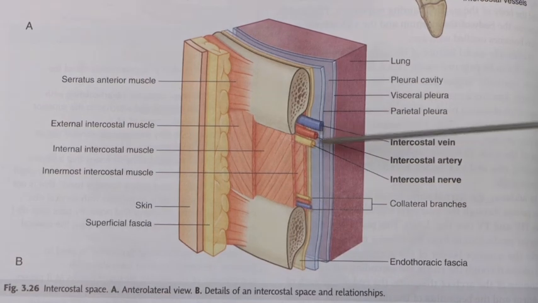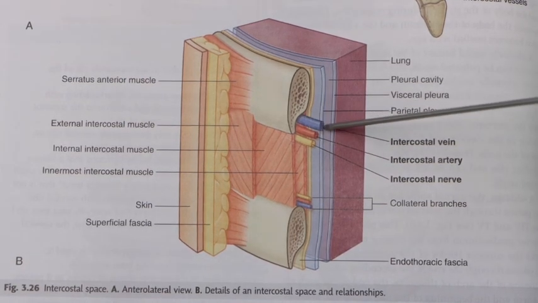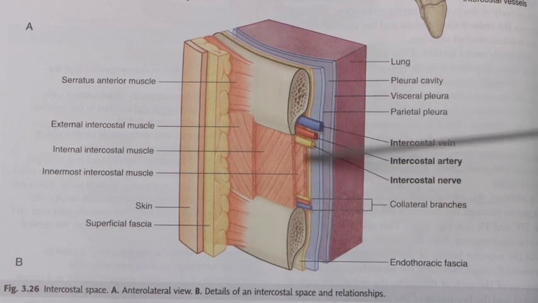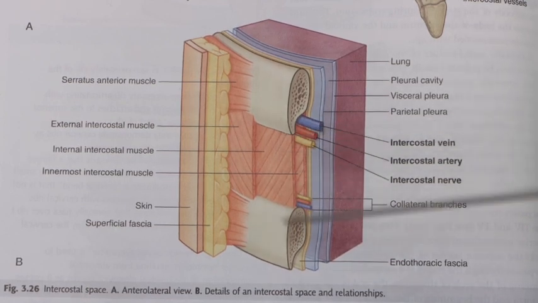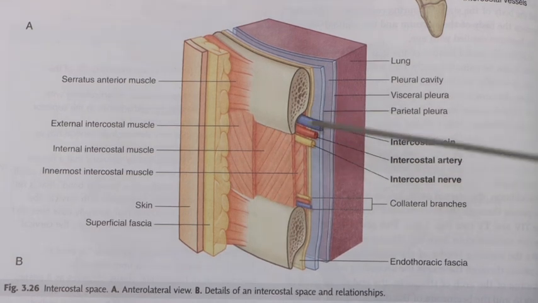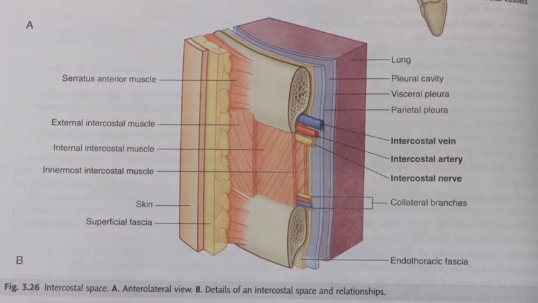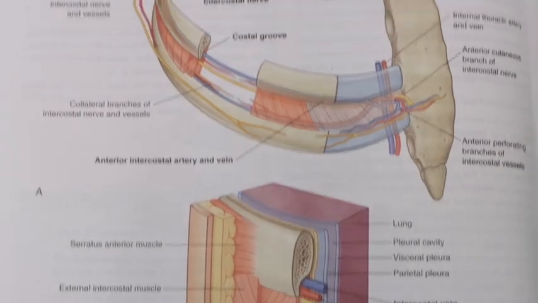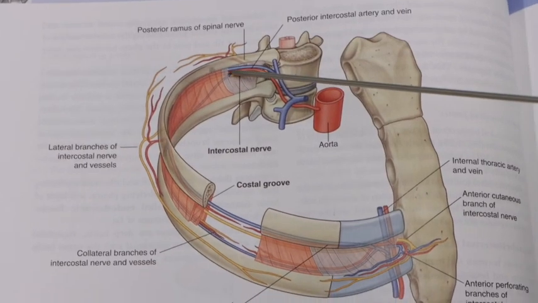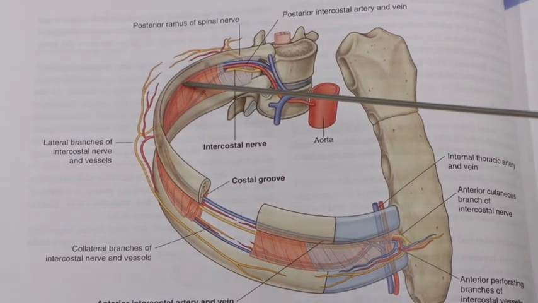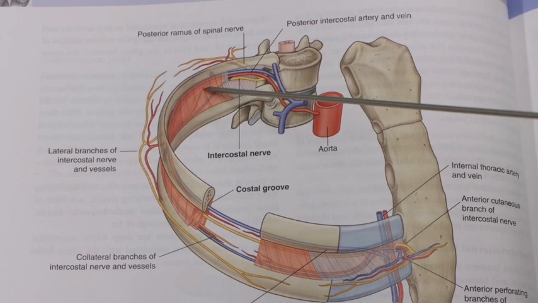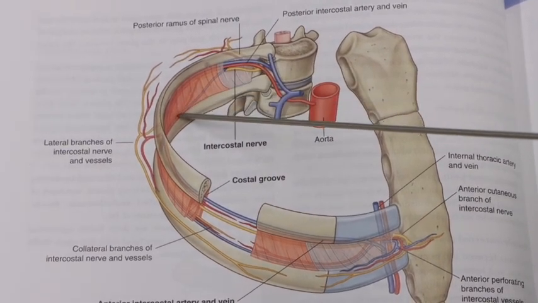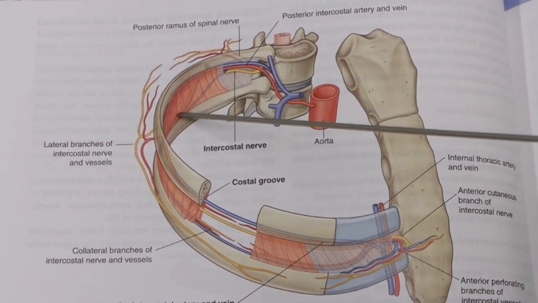The sequence of the arrangement of these vessels and nerve is between the innermost intercostal and internal intercostal muscle. So when it's entering this region, the anterior branch of the posterior intercostal artery, at the level of the costal angle, gives one branch which is called the collateral branch, that is going downward.